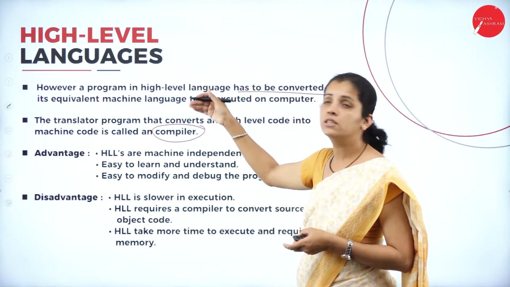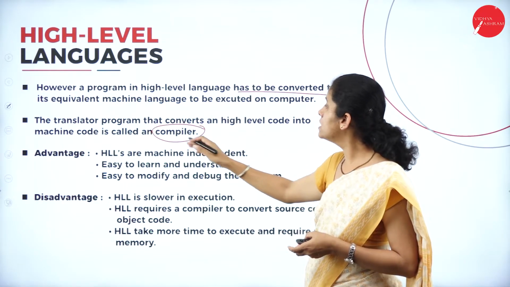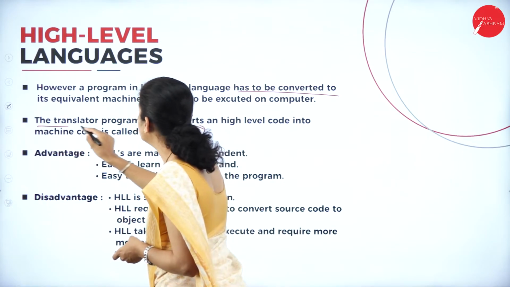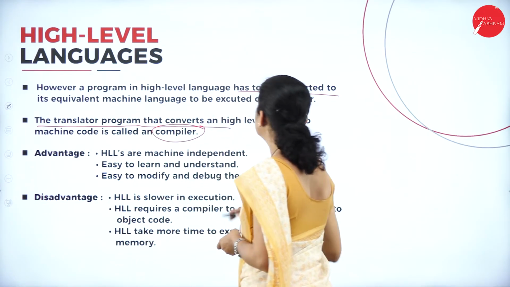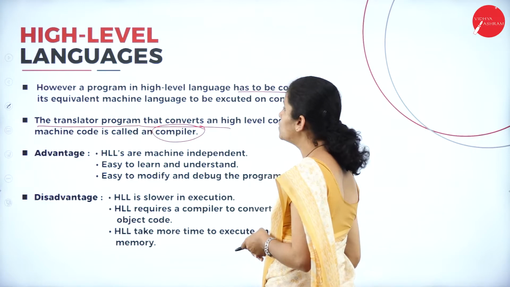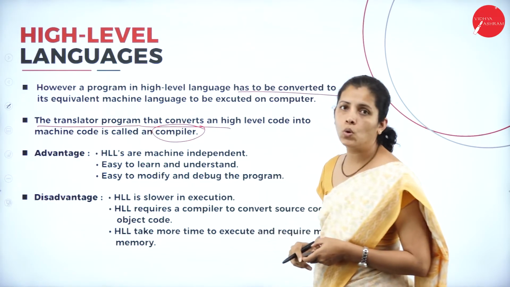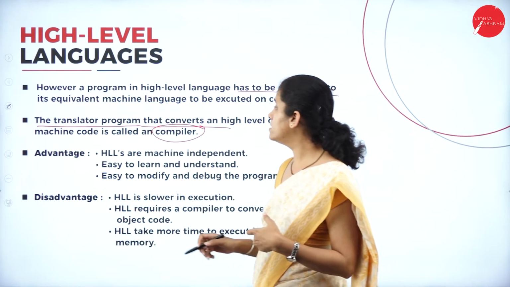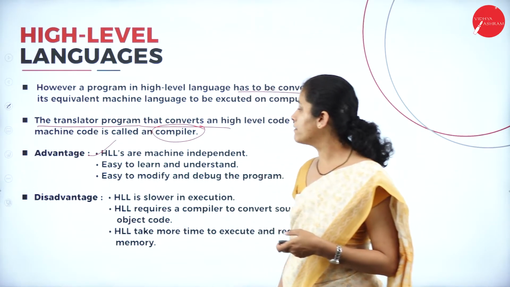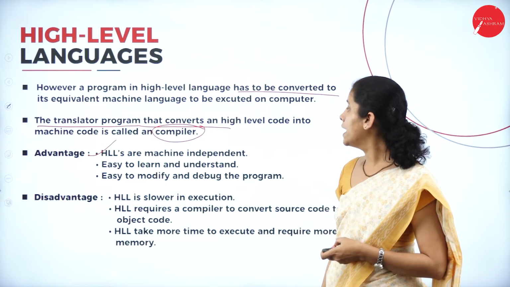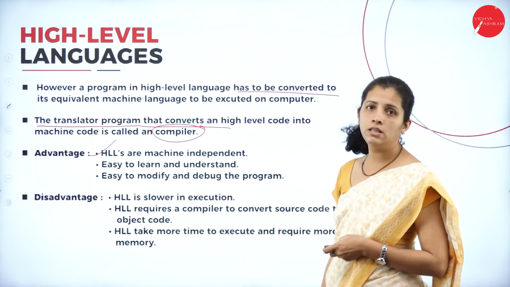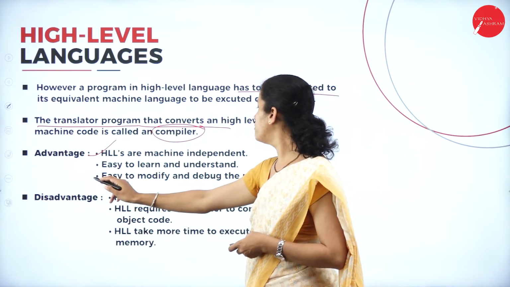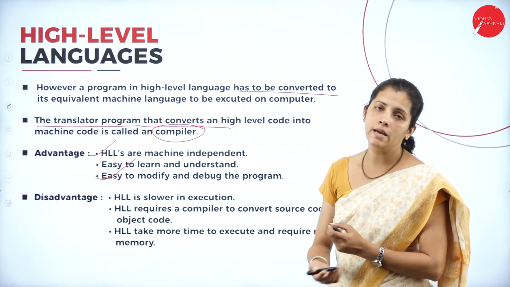So here which translator am I going to use? That is the compiler. The translator program that converts high level language code into machine code is called a compiler. Then what is the advantage here? High level languages are machine independent, easy to learn, easy to understand, easy to modify and easy to debug.